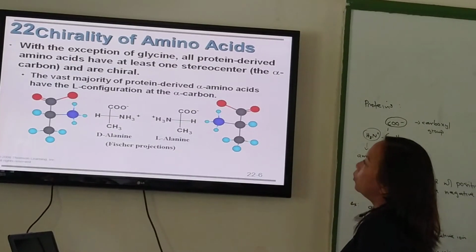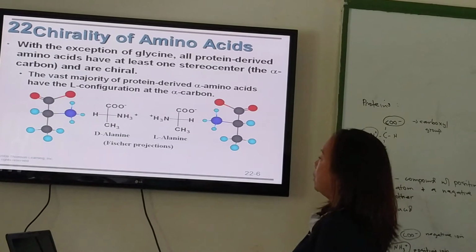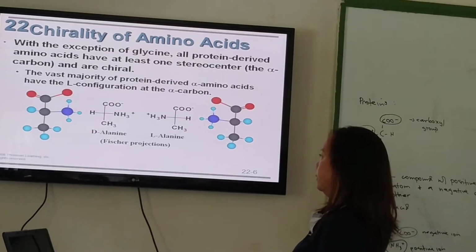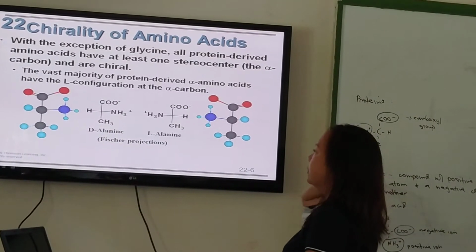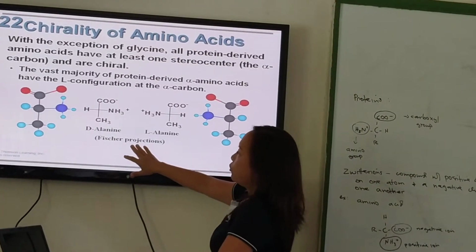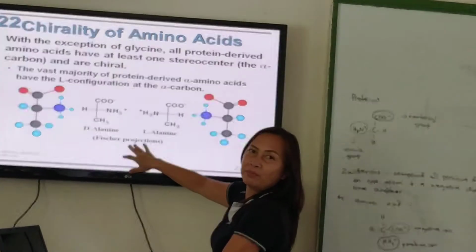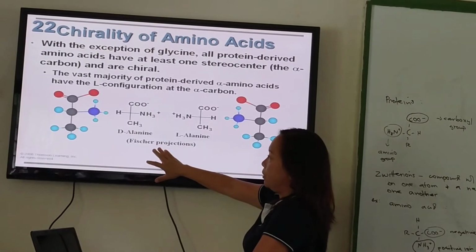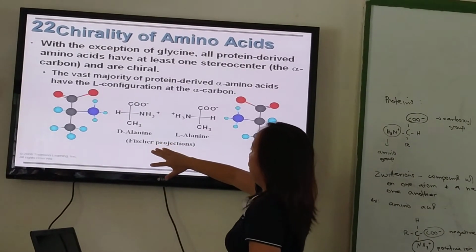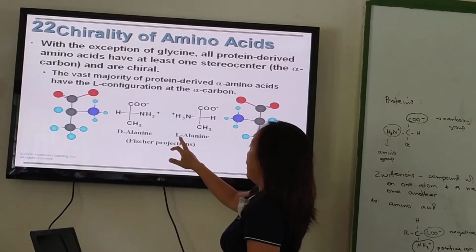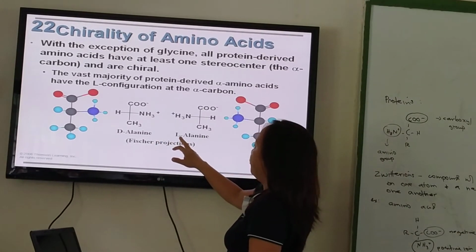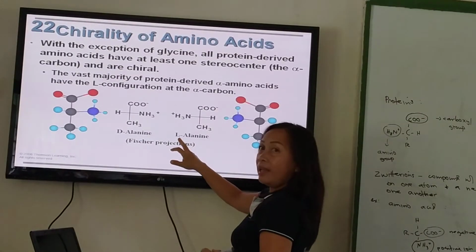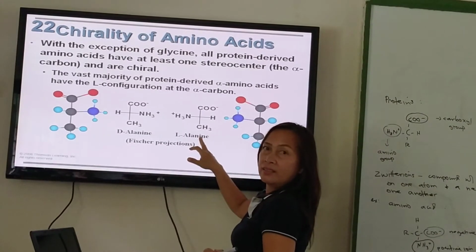Now, you have here some examples of amino acids. This is the Fischer projection of an amino acid. If the amino group is on the left, then we call it an L amino acid.